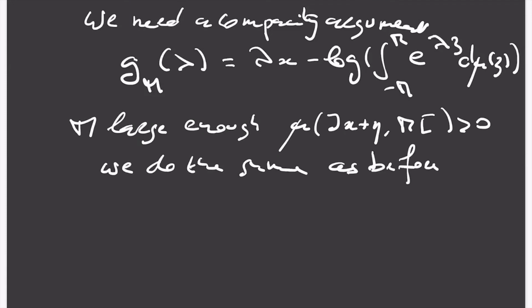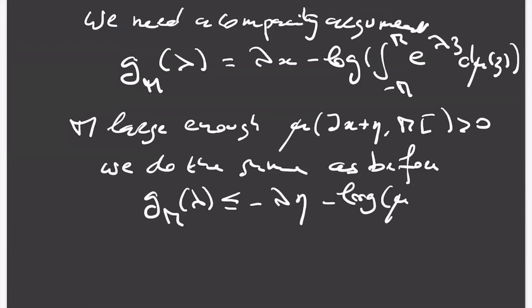The same reasoning. And so we know that Jm of lambda is less than minus lambda eta minus log of the measure of x plus eta m, which goes to minus infinity as lambda goes to plus infinity.